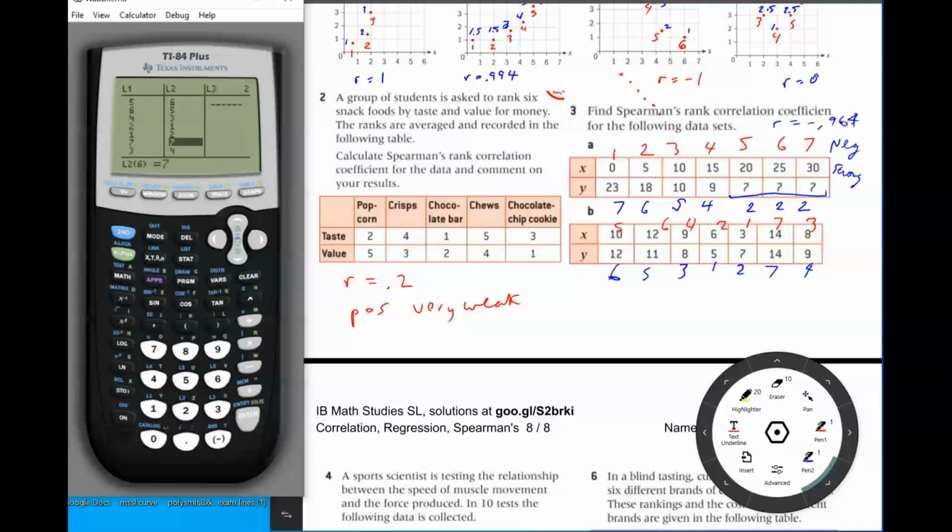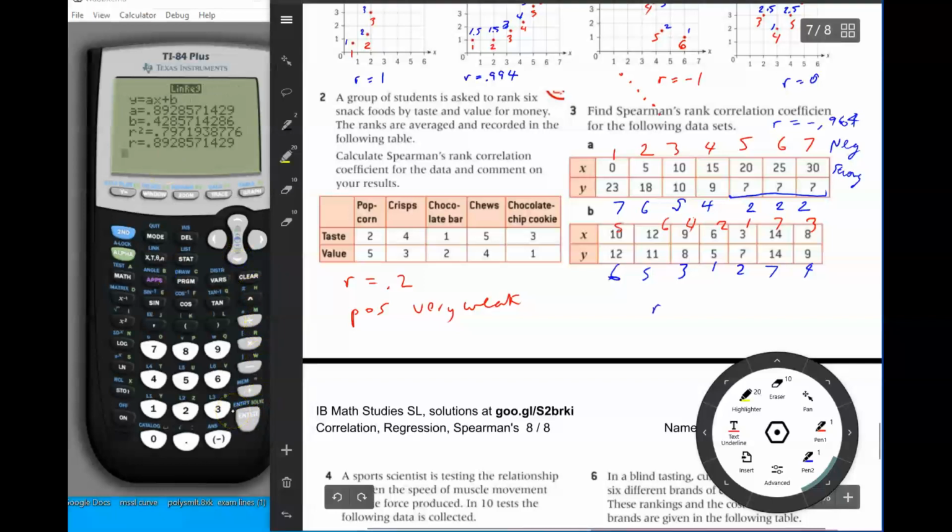Now I'm just going to do stat calc linreg. See what R value I get again. So the R value in this case is 0.893 if I round to 3 significant figures. That's also a strong value, and this is a positive strong value, right? Okay, and that's it for this page.